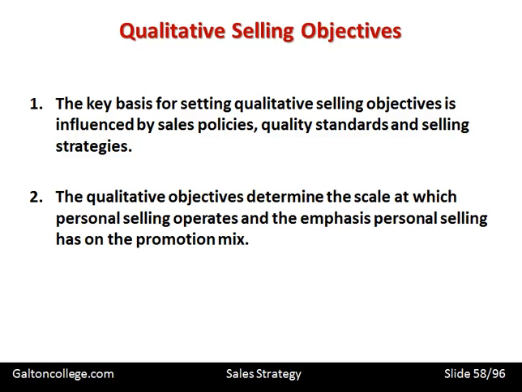Quality objectives determine the scale at which personal selling operates and the emphasis personal selling has on the promotion mix. So qualitative objectives can determine the scale. If a company's mass producing something, there's more chance of quality issues. If it's producing a one-off product, the chances are the product will be as per specification.